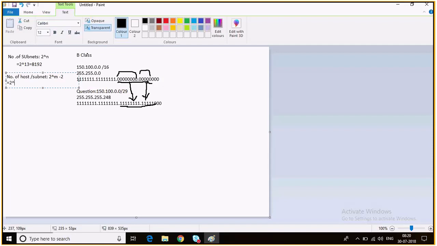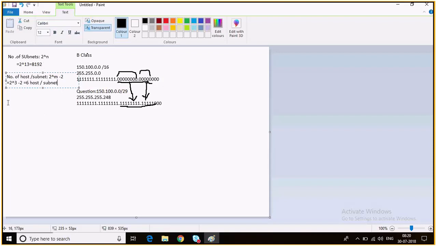We are left with only 3 zeros. 2 raised to 3 is 8. So 8 minus 2 is 6 hosts per subnet. Now if we divide this into smaller subnets, we get fewer hosts per subnet, but the number of subnets is a lot more.